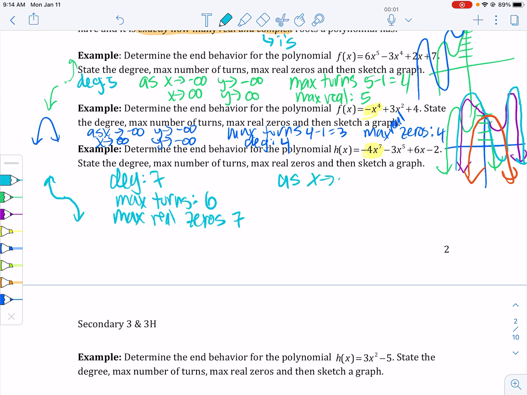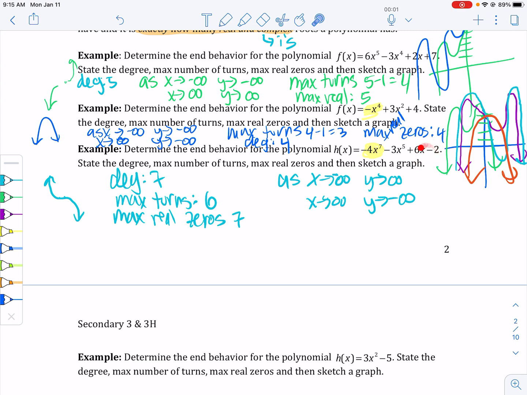So as x goes to negative infinity, y goes to, as x goes to infinity, y goes to. Okay. So as I'm going to the left, this is going up. So mathematically we say up by infinity. As we go to the right, this is going down. So mathematically we say down by negative infinity. Okay. So then this is our information.